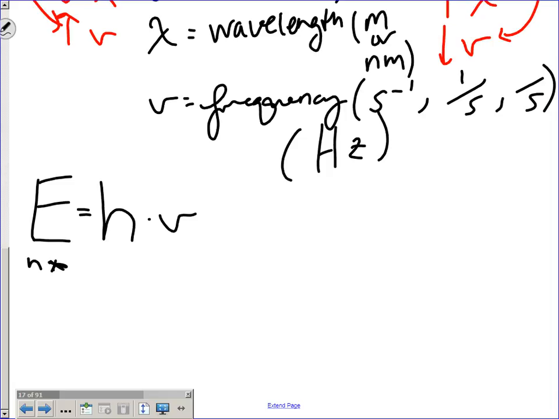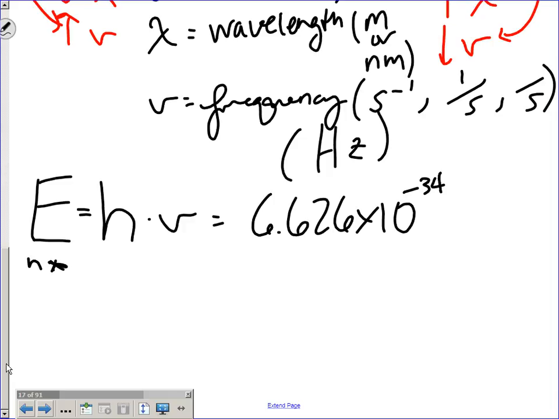Okay. E is energy. That's equal to Planck's constant, times 10 to the negative 34th joules times seconds. So that's what H is, times frequency, which, what's the unit of frequency again? Cycles per second. I'm going to write that as 1 per second.